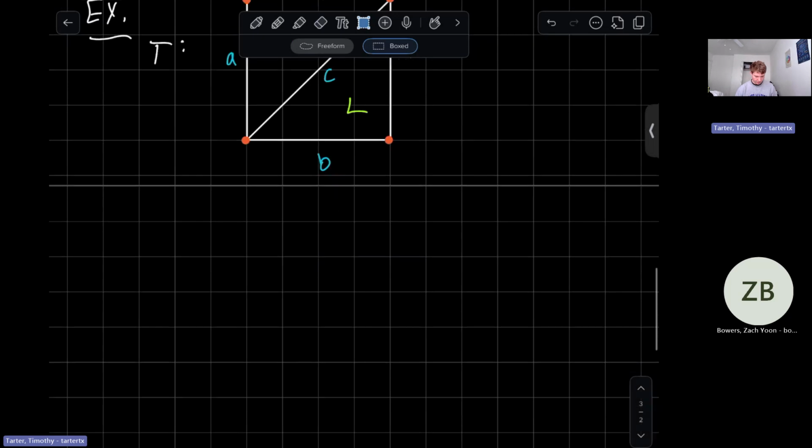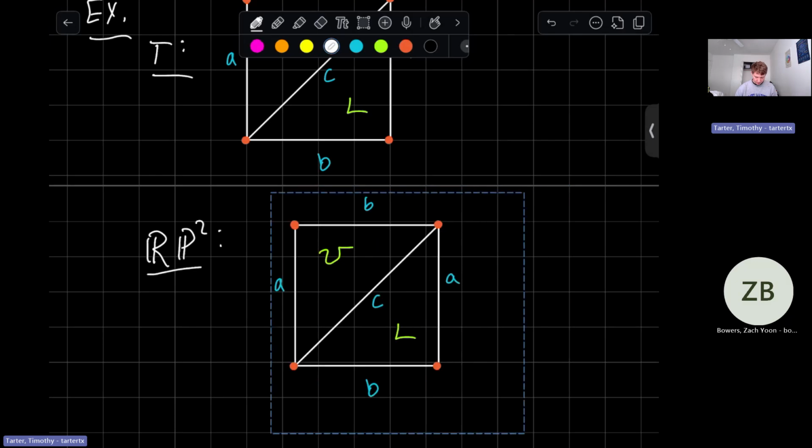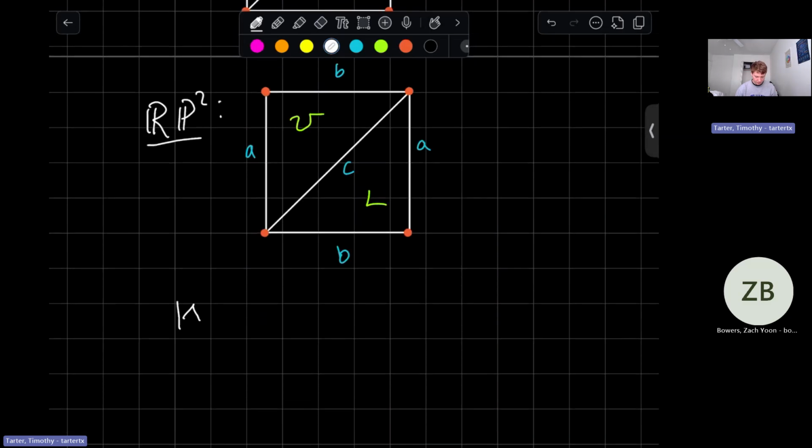Okay, so starting, we have the torus, the real projective plane, and then we have the Klein bottle.